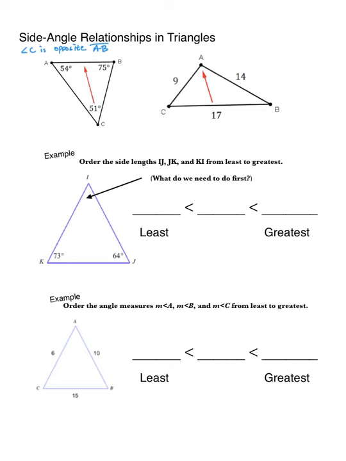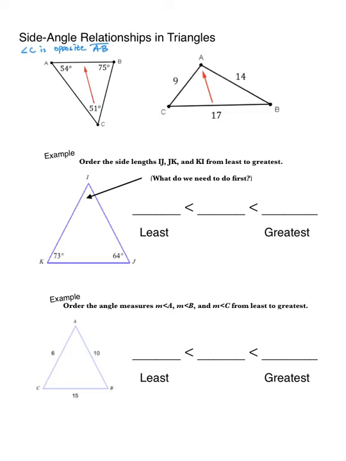Well, that helps us determine which sides are bigger than the others and also which angles are bigger than the others. If you look at our demonstration triangle, triangle ABC has 3 different angle measures. Well, B is the largest angle, and then A, and then C. So the largest side is opposite the largest angle.